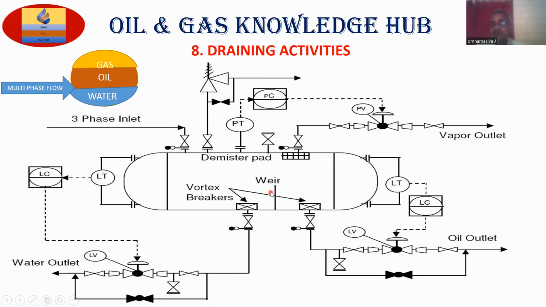See this P and ID diagram. This vessel, for example, you wanted to dry it out, and there is a pyrophoric material deposited here. There is a wear plate, and there is a vortex breaker. Why a vortex breaker is required, we will discuss in next slides. And there are so many LC, LT, PV, PC, LV, again LT, LC, all these things. From here, water outlet goes, in normal process conditions.